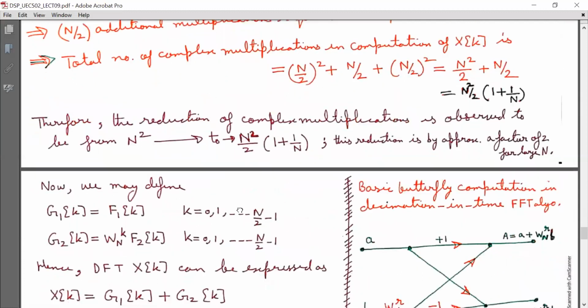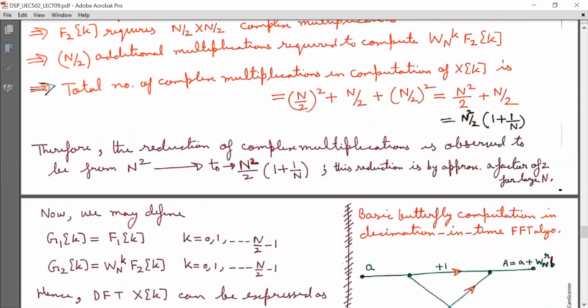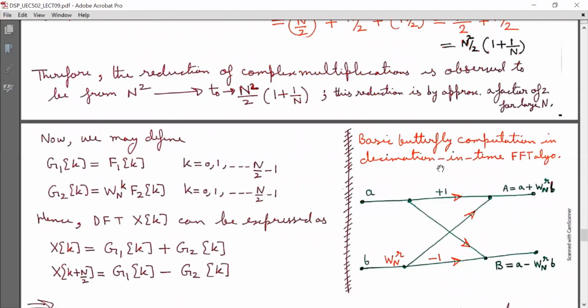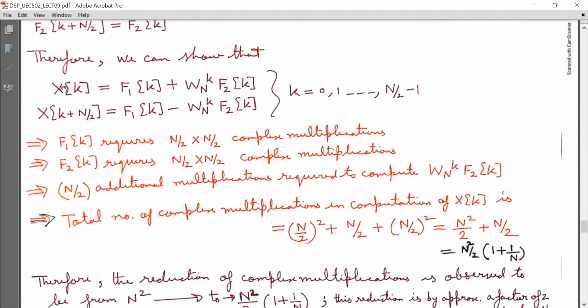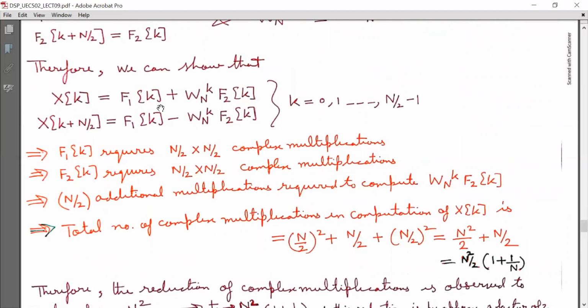Now we may define, now this is the basic butterfly computation in the decimation in time FFT algorithm. Now look at this, X(k) is equal to F1(k) plus W raised to power k F2(k), X(k plus N/2) is F1(k) minus W raised to power k F2(k).